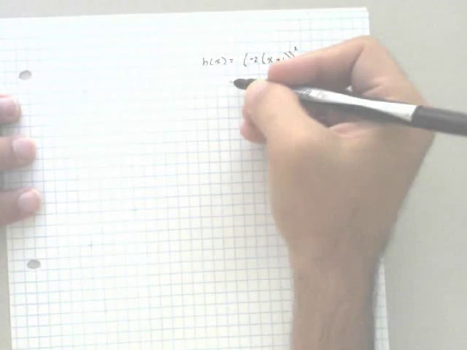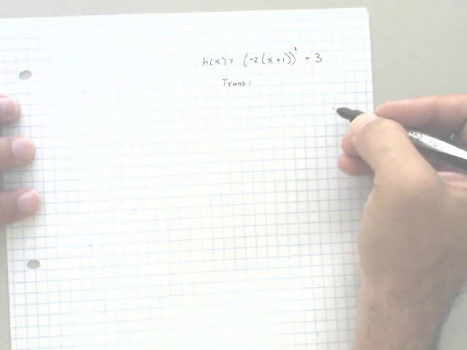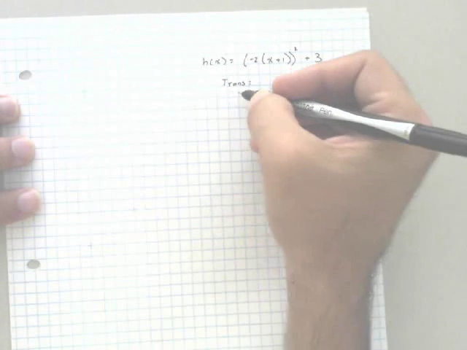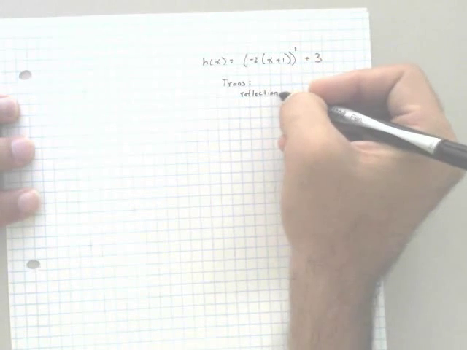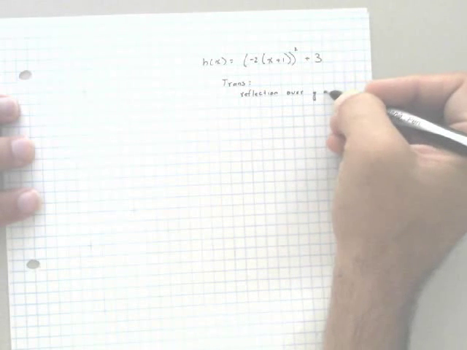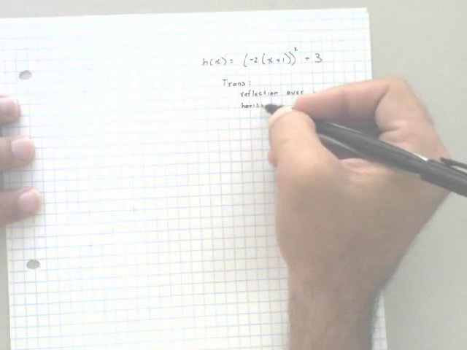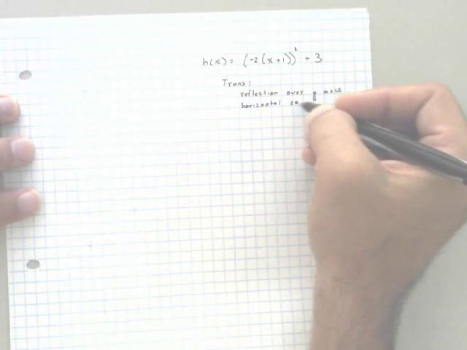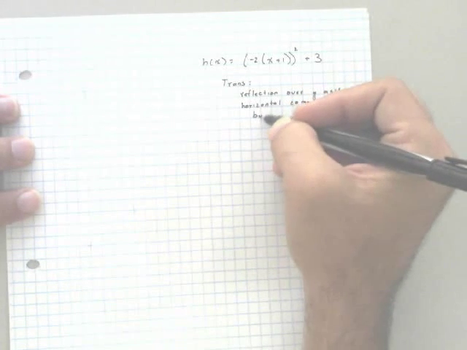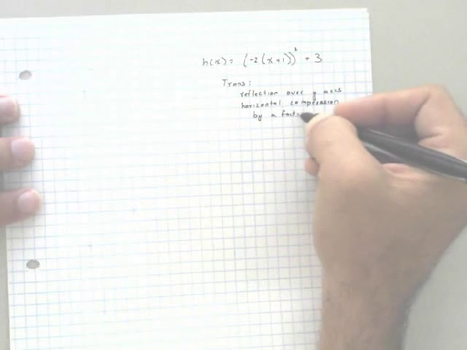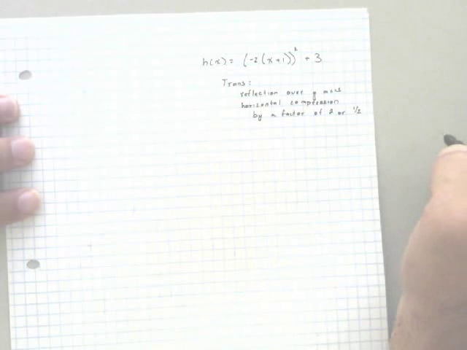So my transformations this time. Okay, I have no a, so I'm not going to have any vertical stretching, but my b is going to cause a reflection over the y-axis, and it's also going to cause a horizontal compression by a factor of 2, or I could say 1/2.